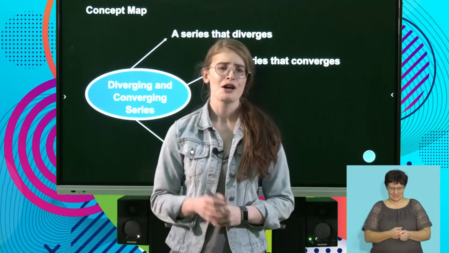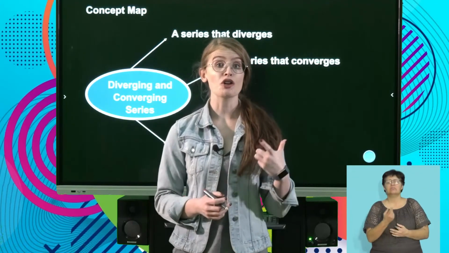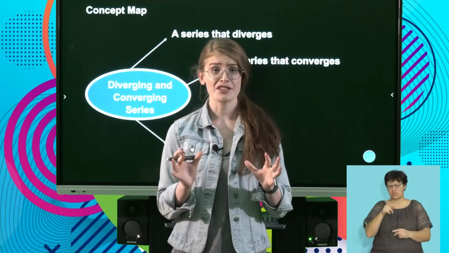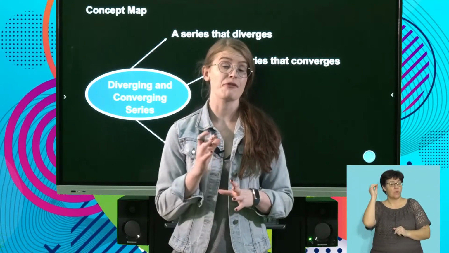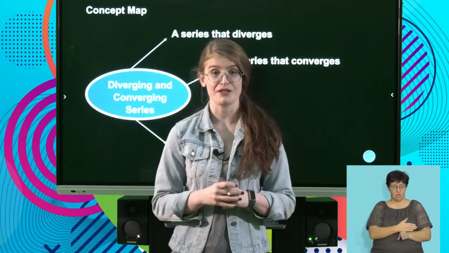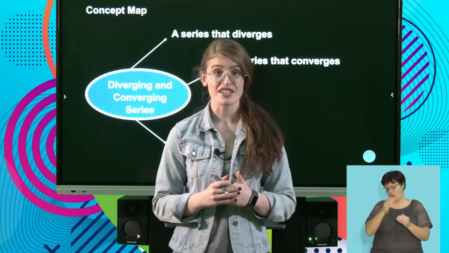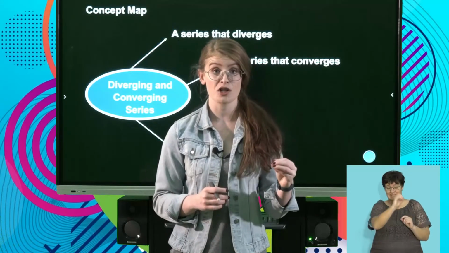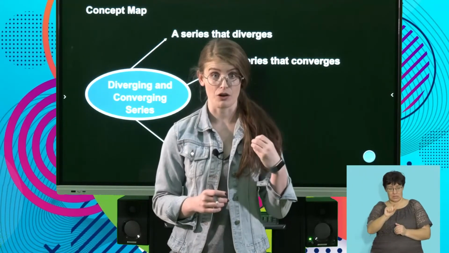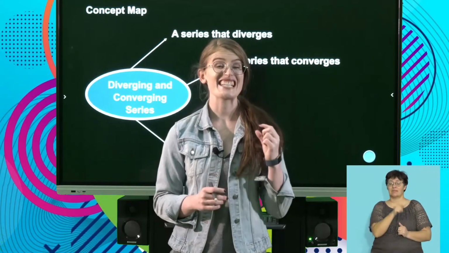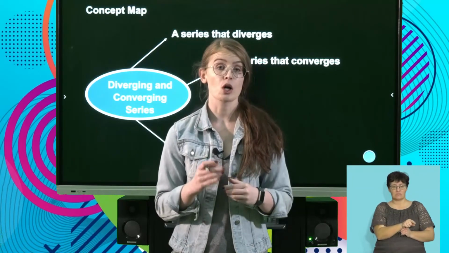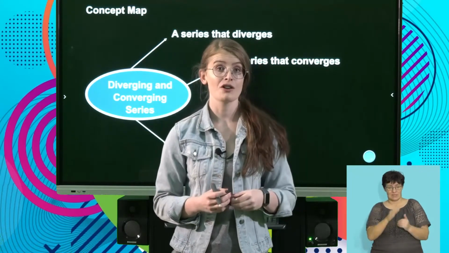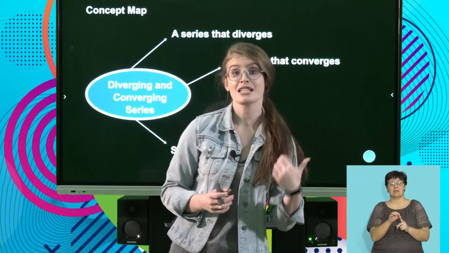Welcome back, everyone. Before the break, I defined what a convergent series is and what a divergent series is. I'm quickly just going to remind you of those definitions before I define the sum to infinity. A convergent series is where the terms of a sequence get closer and closer to having a value of 0, and the series always gets closer and closer to a specific number.